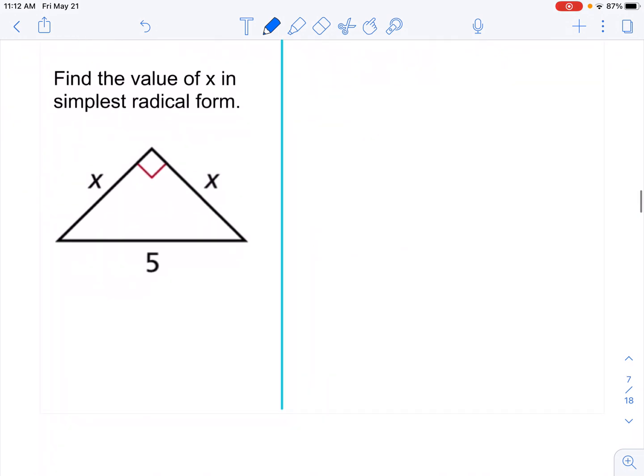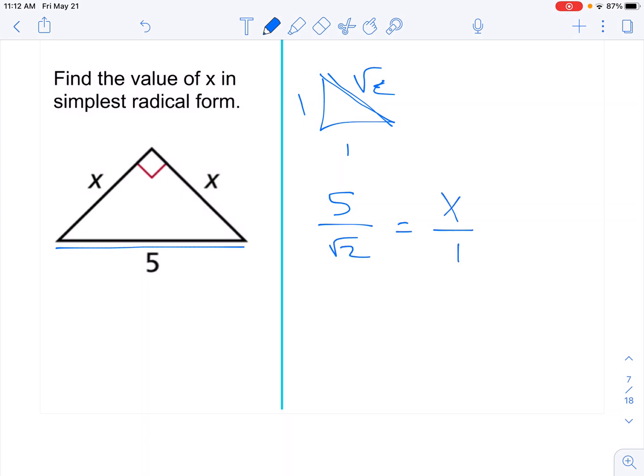All right, we can set it up the same way. So this is similar to the triangle 1, 1, square root of 2. But this time, 5 matches up with square root of 2, because those are both the hypotenuse. And x would match up with 1. So if I want to find x, I need to do 5 divided by the square root of 2.